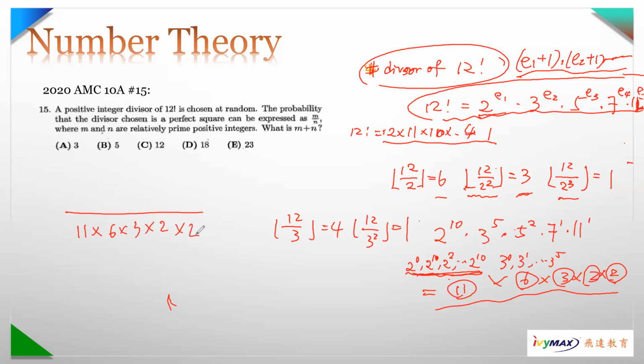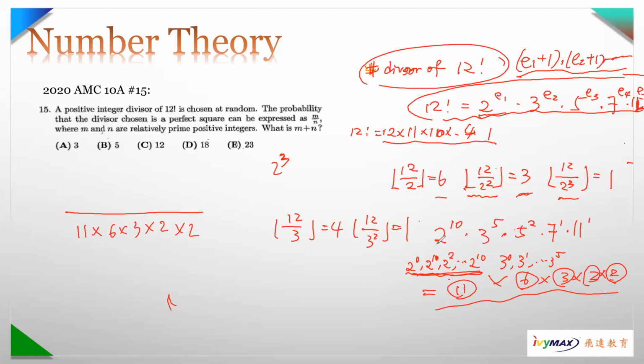Okay, so you need to pick the divisors that are perfect squares. So think about the perfect square. For instance, 2 squared is a perfect square, but 2 to the power 3 is not a perfect square. So the exponent must be an even number.